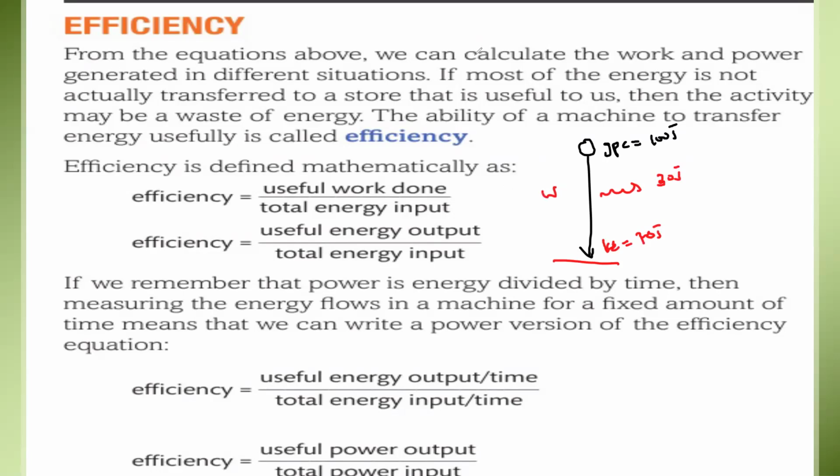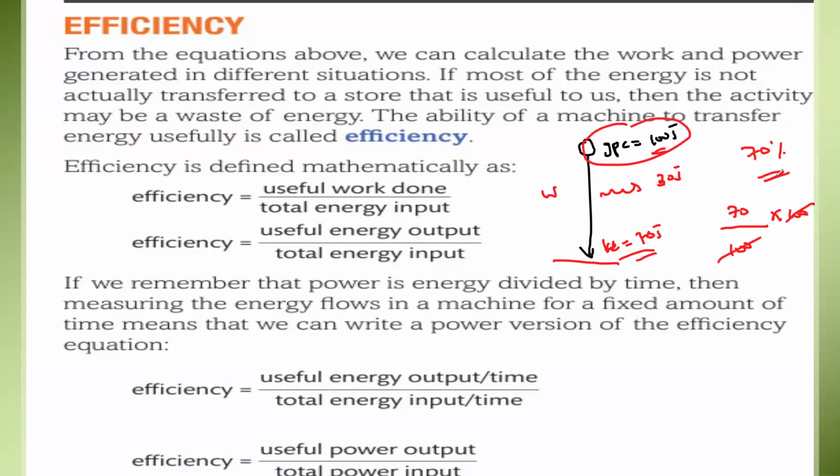To calculate the efficiency of conversion of gravitational potential energy to kinetic energy: the input energy is 100, the useful output is the kinetic energy, 70, multiplied by 100. So when we simplify, this is 70% efficient.